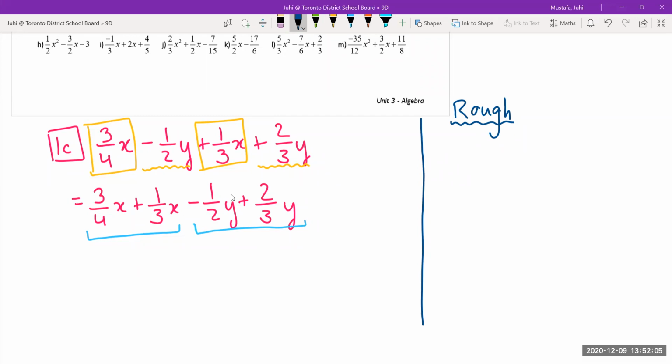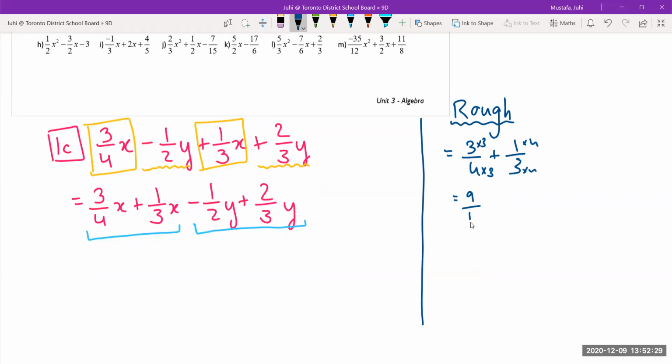So proper format is you keep your solution all in one step, and then when you have these side solutions, you're going to go to a rough sheet of paper and solve them. So I'm adding these two fractions up. I'm adding 3 over 4 plus 1 over 3. So take your common denominator. We're going to multiply by 3 and 3 and 4 and 4.